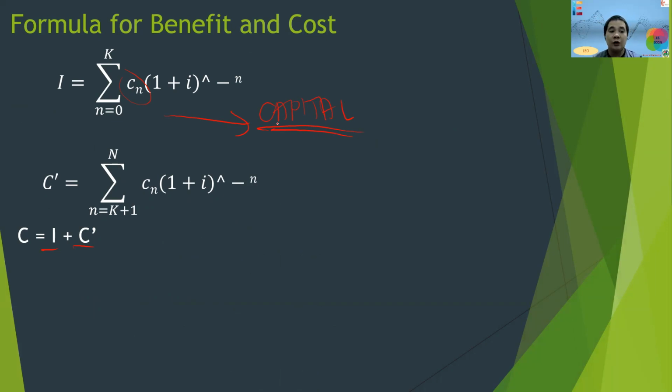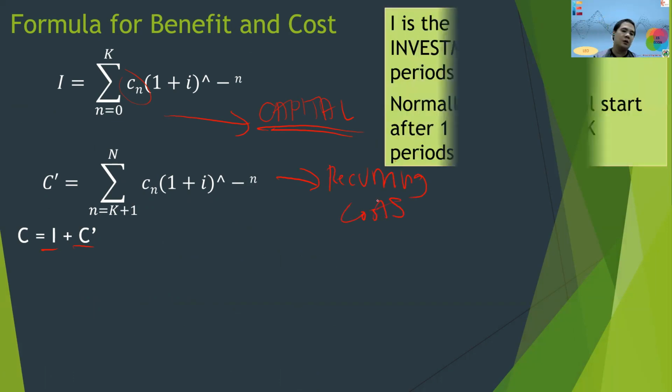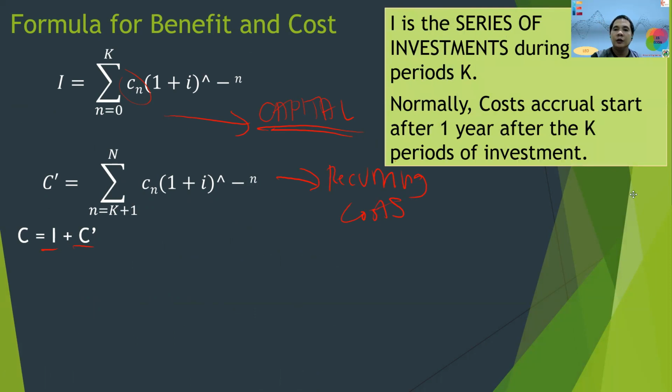Your C hat is your maintenance and operating supplies, which refers to your recurring cost. Therefore, normally cost accrual starts after 1 year following the K periods of investment. So from K plus 1, these are the recurring costs.